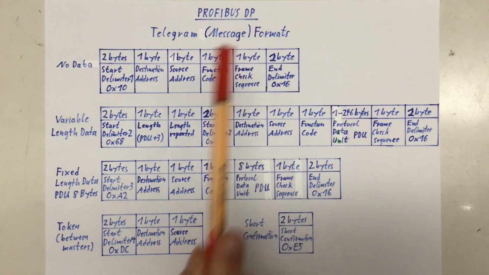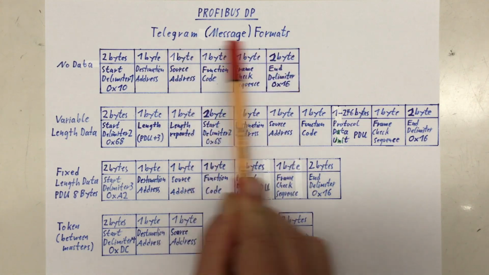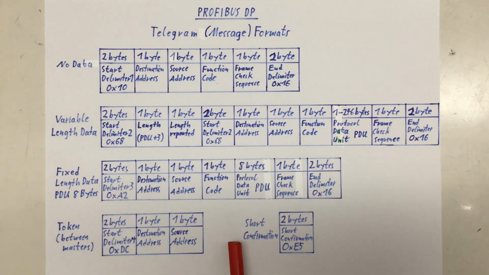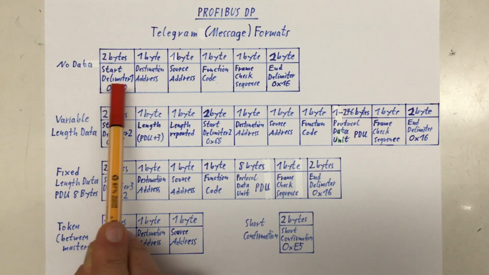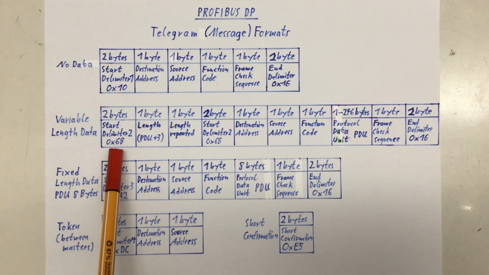Profibus DP knows 5 different message formats, or telegrams, like they call it. Except for the short confirmation, all these telegrams start with a 2-byte start delimiter, which has a different value for each format.